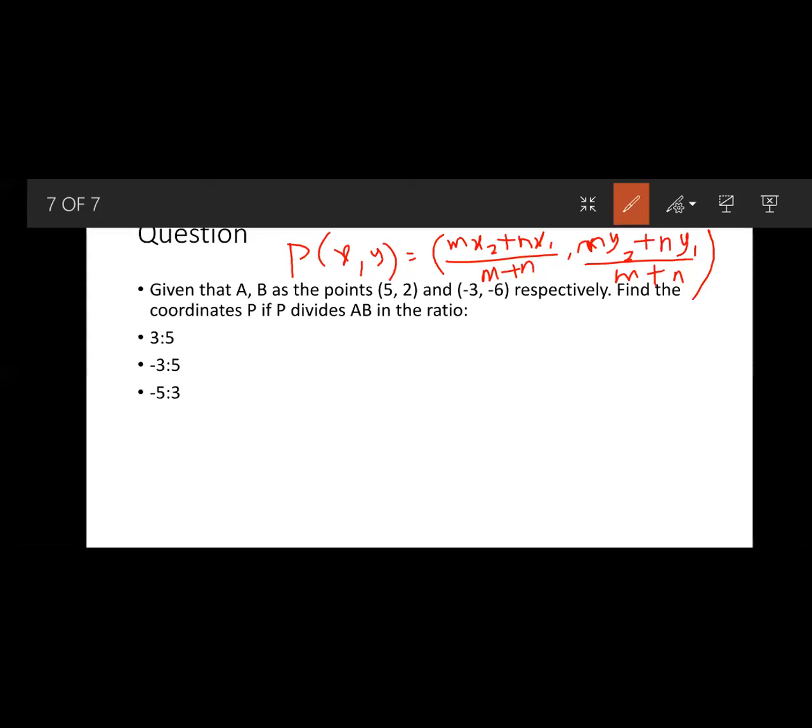Those ones are external division. When we say external division, for example, if you have points A and B, and anything divides this externally, it means that point will come here, outside.